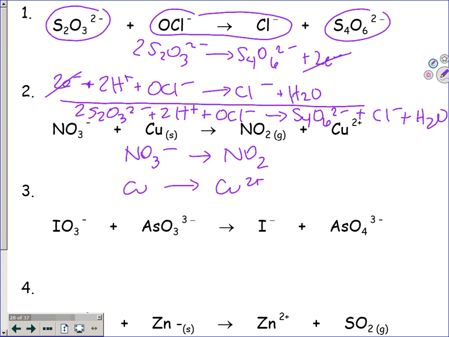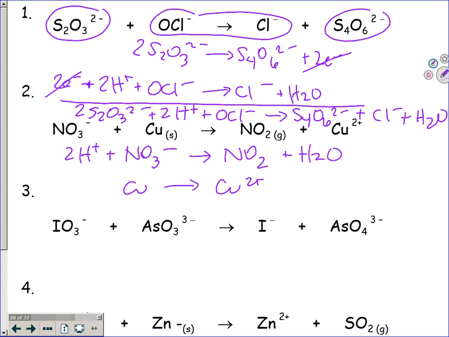Alright, so looking at the first half reaction. Nitrogens are balanced, right? What's the next step? Add oxygens where? To the products, but how do I add oxygens? As water, okay? So oxygens come in the form of water. And then I have 2 H's over here now, so what do I need over here? 2 H pluses. Make sure your charges are written clearly so you can see your charge balance at the end.